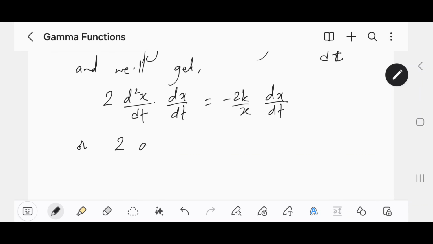Now this can be written as 2 d(dx by dt) times dx by dt equals minus 2k by x dx.